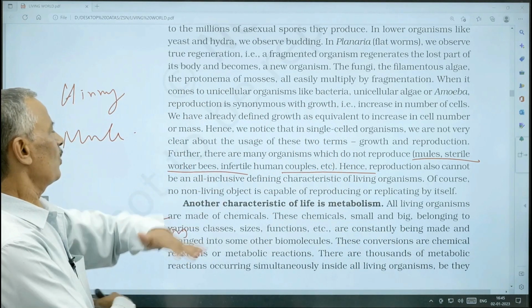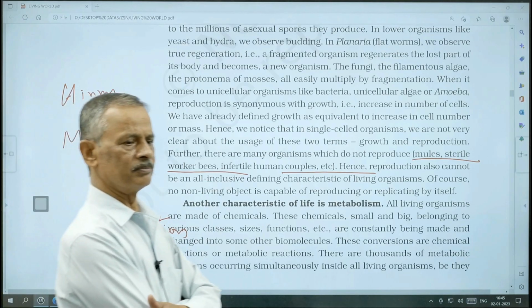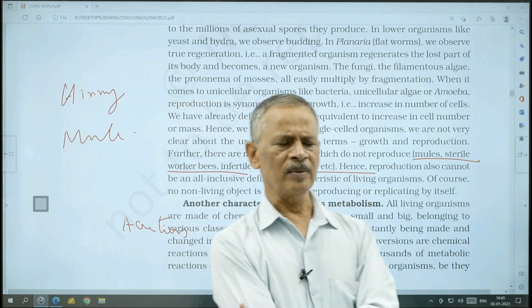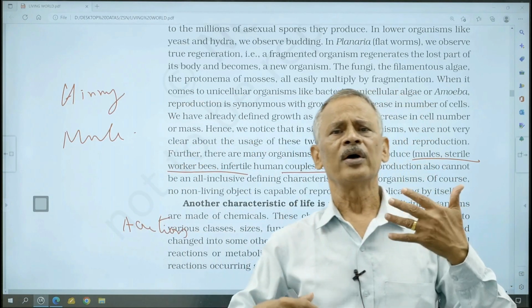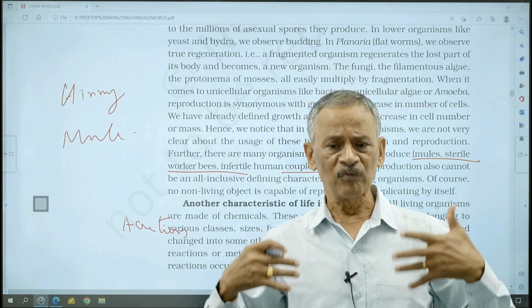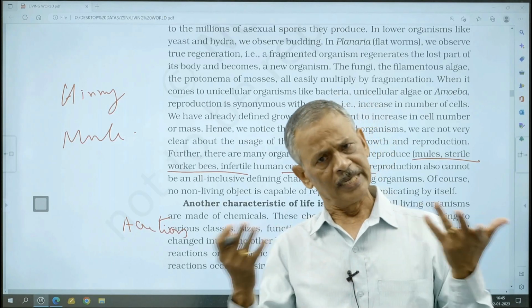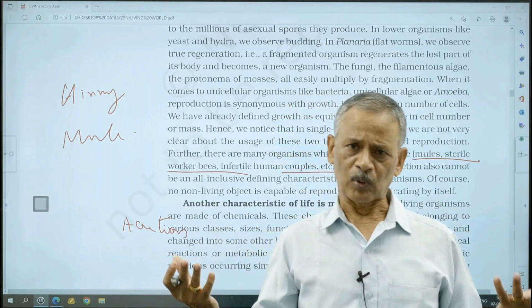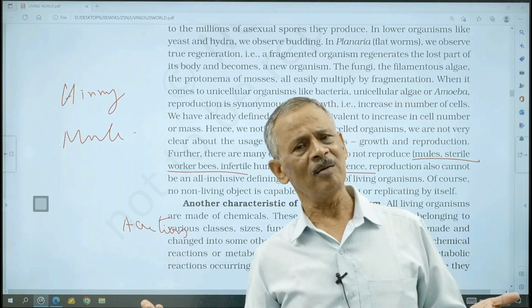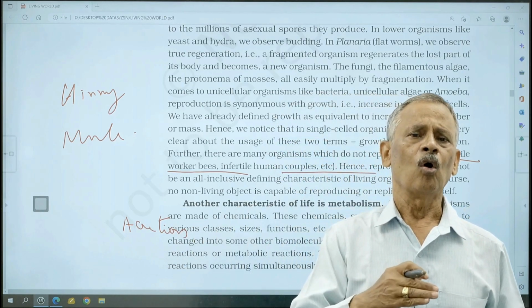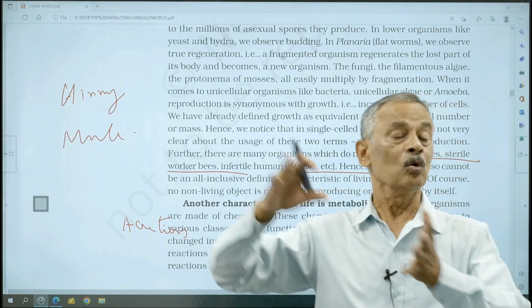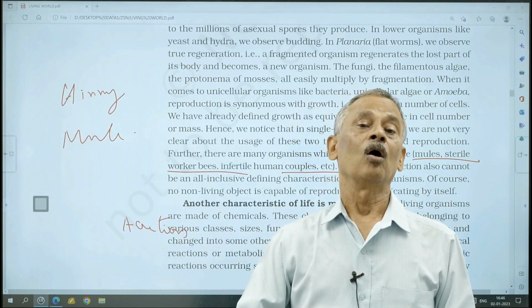Then another one is metabolism. What is metabolism? Sum total of reactions that are all going on within our body that sustains our life. It is present in protozoans, it is present in mammals, from simply organized organisms to most complicated organisms.